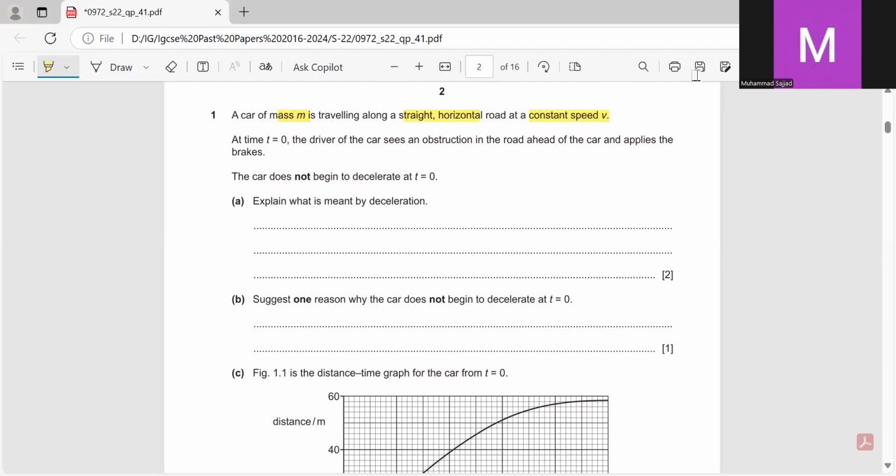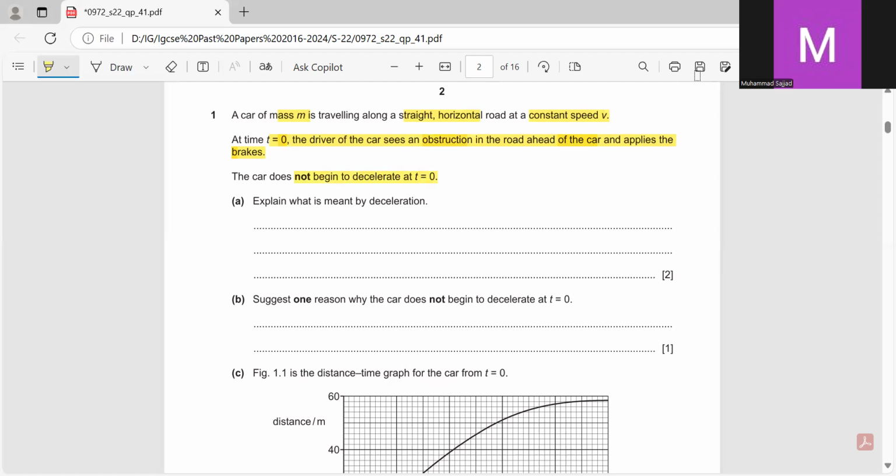At time t is equal to 0, the driver of the car sees an obstruction in the road ahead of the car and applies the brakes. The car does not begin to decelerate exactly at t is equal to 0.